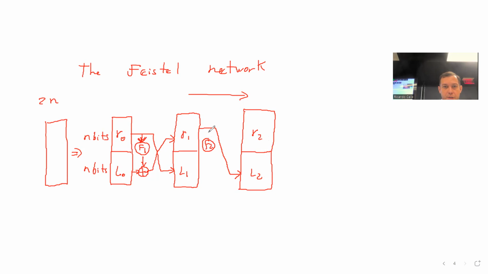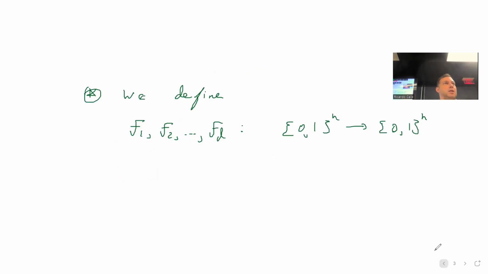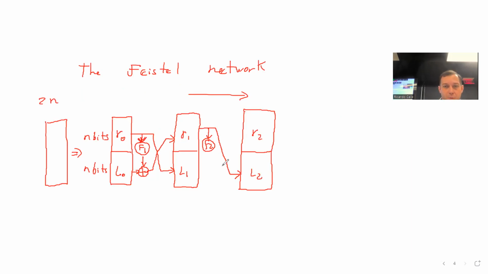That's the function 2, which takes R1, slides into the function. Remember that it just takes n bits and produces n bits in some scheme. And then what comes out of F2 gets XORed with L1, and then that will slide basically into R2. Okay, so that is the Feistel network, and that's part of the data encryption standard.